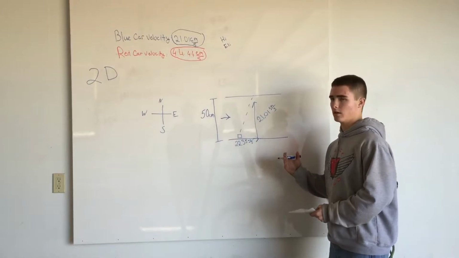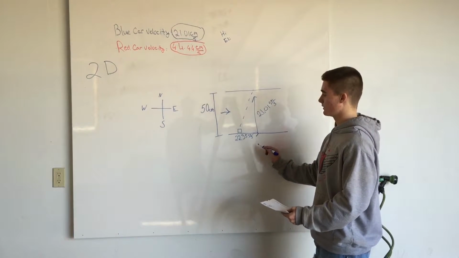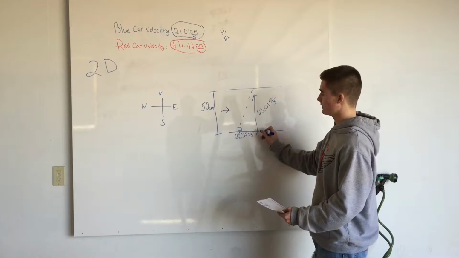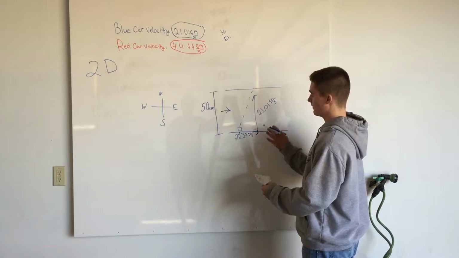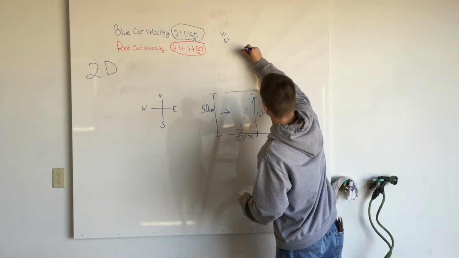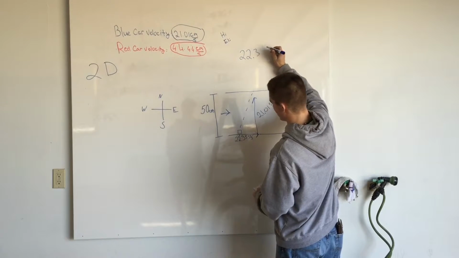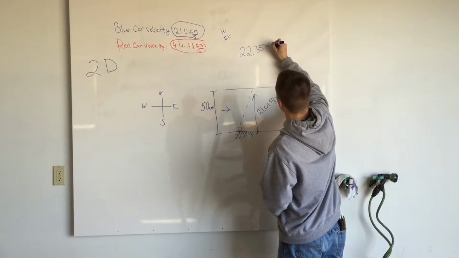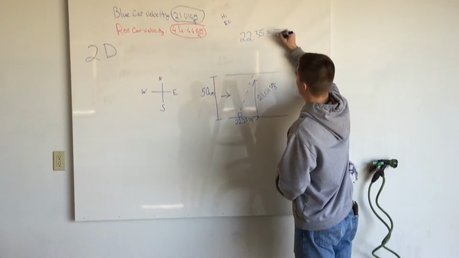Now that we found the time, we're going to use that time to find the displacement from here to here. In order to do that, we need to use the velocity of the treadmill, which is 22.35, excuse me. And we're going to use the time that we just found, that was 2.38.